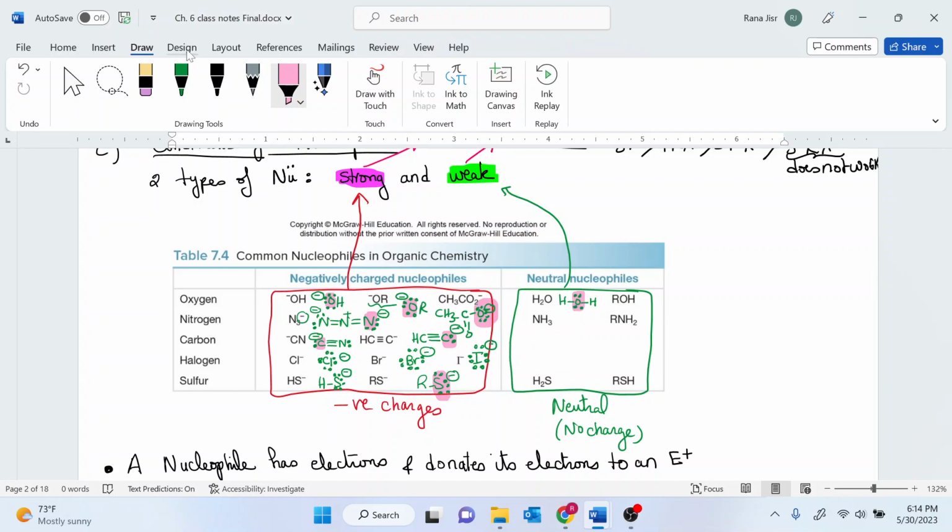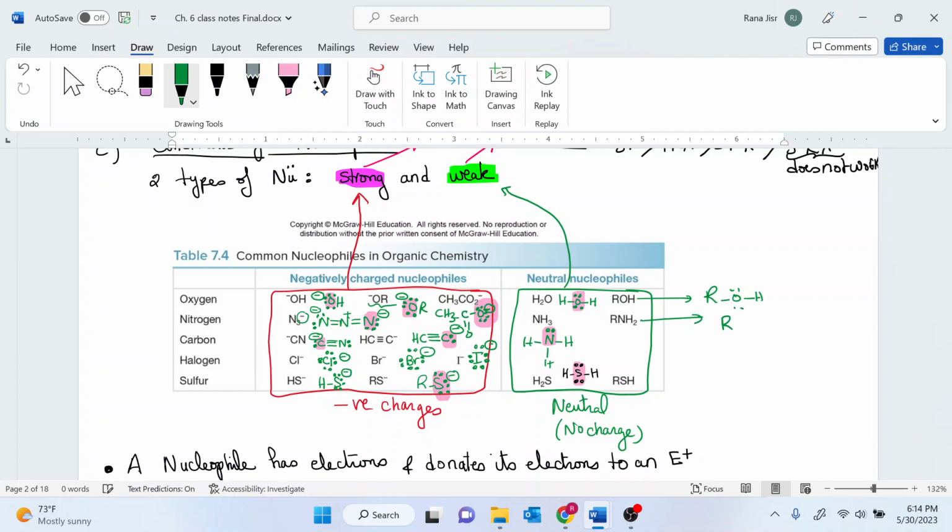Same thing for ammonia. This is why the Lewis structure is very important. You have your hydrogens in there, and you have your lone pair on the nitrogen. And again, the nitrogen is neutral, so this is why it is a weak nucleophile. Same thing for hydrogen sulfide. You have your sulfur, your hydrogen, zero charge on the sulfur. So this is your nucleophile and it is neutral. Same thing for the alcohol.